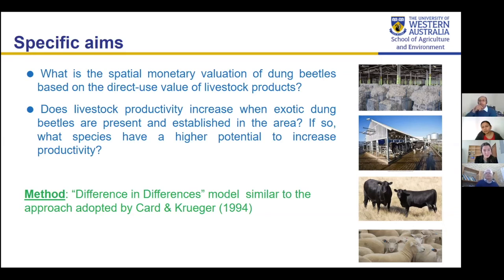Abby, you have a question? Yeah, sure. I just wanted some clarification around the attributes that you flagged for the choice experiment. One of them was around fly control, so that's in relation to preventing disease for livestock. Yeah, that's right. The other, you mentioned active time. Is that related to the seasonality of when the dung beetles are active? Yeah, that's right.